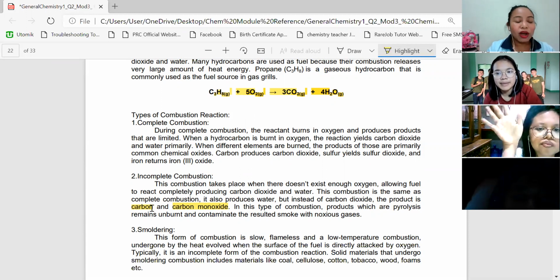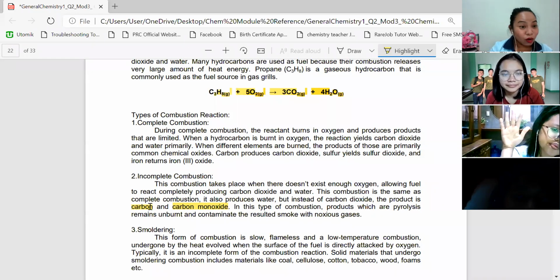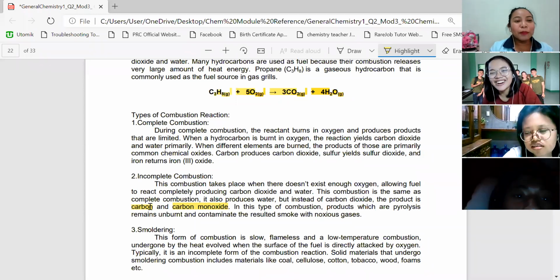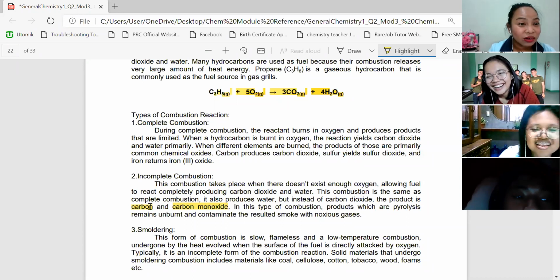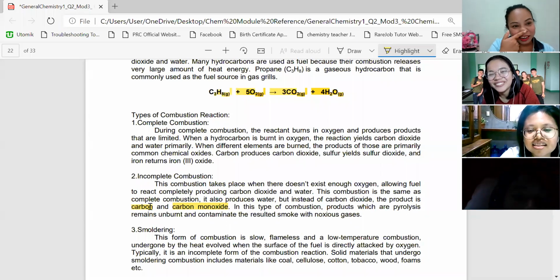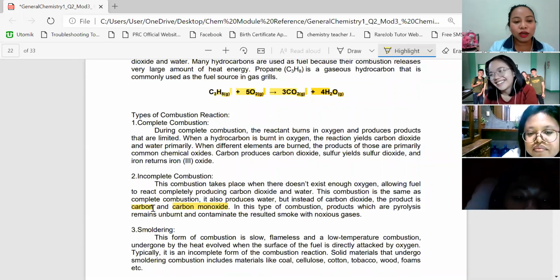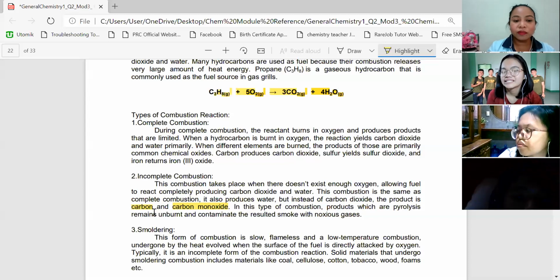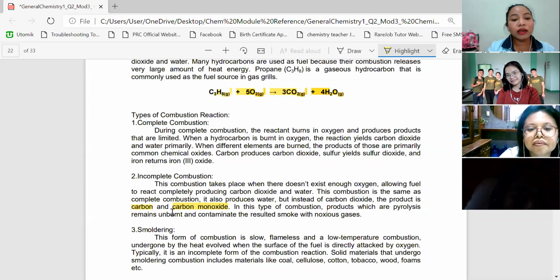Kanang anuos, dagang gitawag na carbon. Isa siya sa residue. Kaya wala siya na-form ka na ng carbon dioxide and water vapor. Ang uban na himong carbon and carbon monoxide.